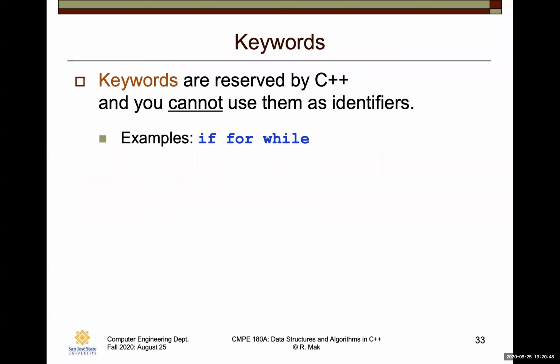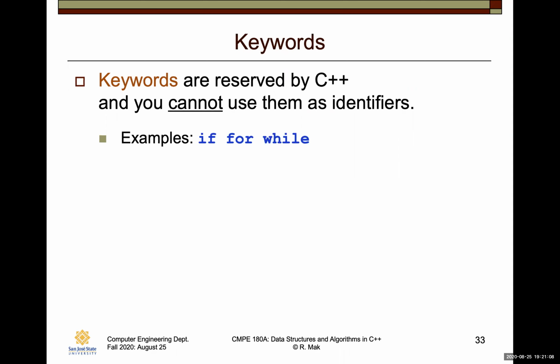Now, there are certain keywords that are reserved by C++. Therefore, you should not use them as variable names. And here are examples: if, for, and while. There's a whole slew of these keywords, and you can look them up online.